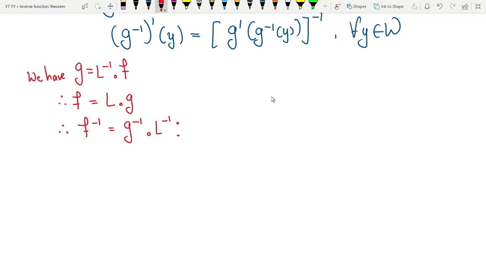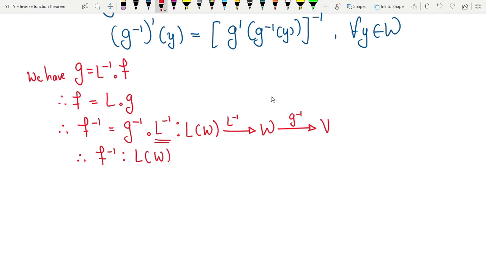So this L inverse should start from L of W. If I apply L inverse on it, it will go to W. Now this g inverse will take this W to V. So ultimately what we found is my f inverse goes from LW to V.